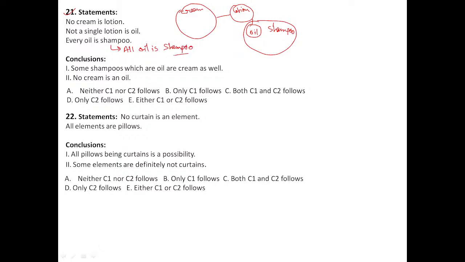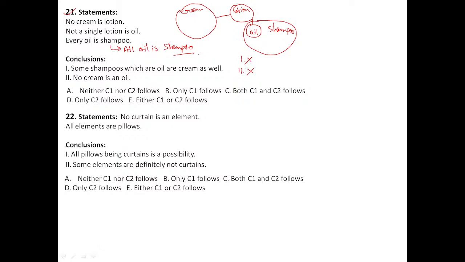Now check the conclusion here. Some shampoos which are oil are cream as well. But here there is no relation between oil and cream. So this is cancelled. Moving to second conclusion: no cream is oil.